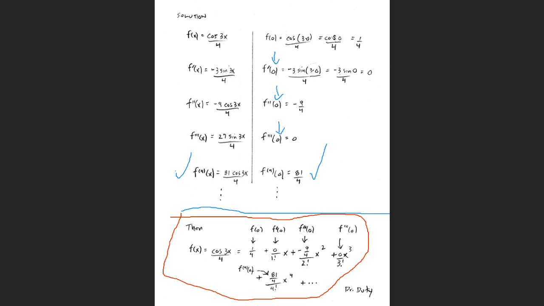Why am I computing the function and its derivatives at a equals 0? A equals 0 because we're doing a Maclaurin series. Maclaurin series means a equals 0. Good questions, Jonathan and Susanna, very good.